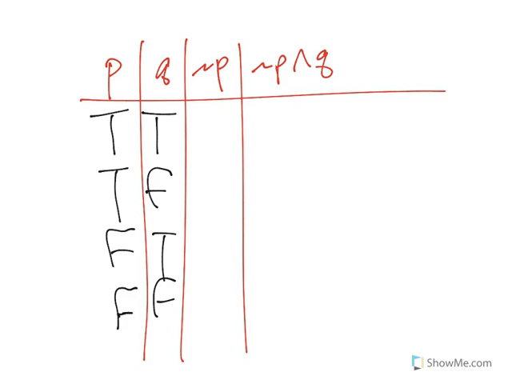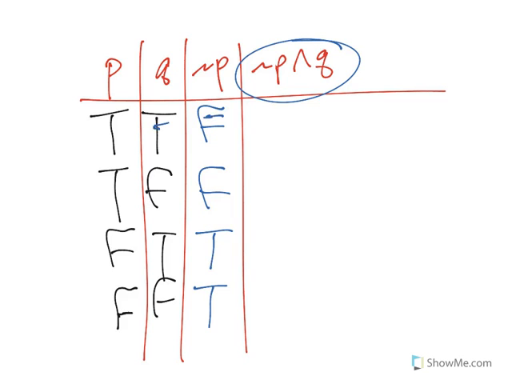We give ourselves our starting point. Now we negate P by taking the opposite truth values. And now we can say, okay, we are talking about not P and Q. They both have to be true. So false, true. I look at the first one, that's false. False, false, true, true, false, true, false.